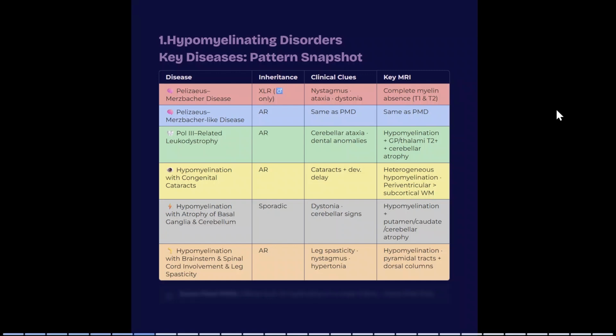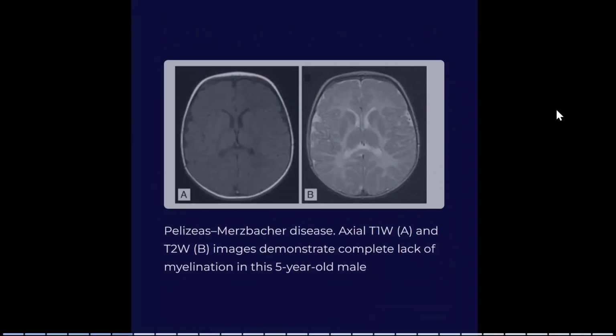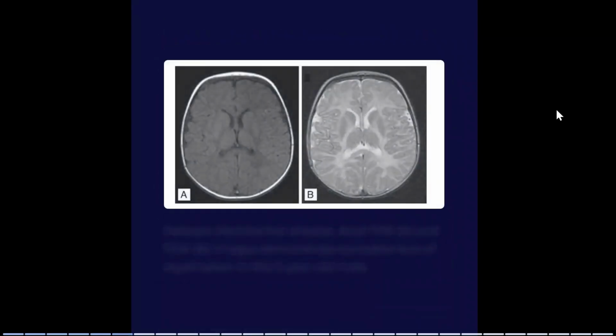This is X-linked, and the rest of the diseases are mostly autosomal recessive. Only the hypomyelinating disease involving basal ganglia and cerebellum is sporadic. And in PMD, what you need to understand is that there is complete myelin absence, and the patient will present with nystagmus, ataxia, and dystonia. And since it's an X-linked disease, it is seen in males. So that's all that we need to know about PMD.